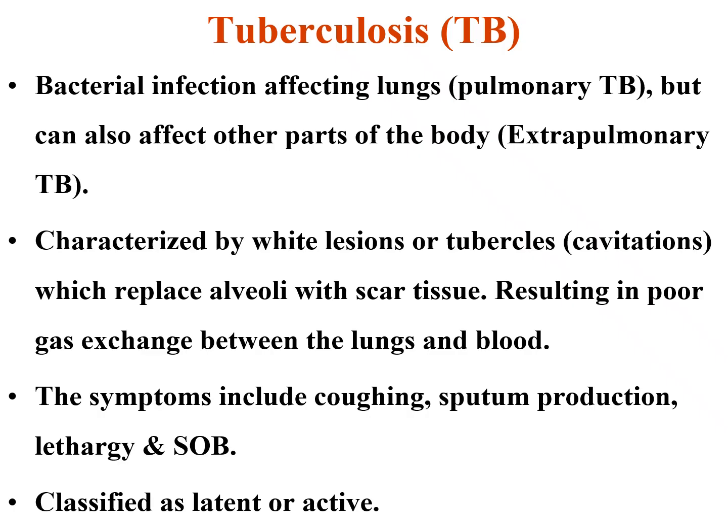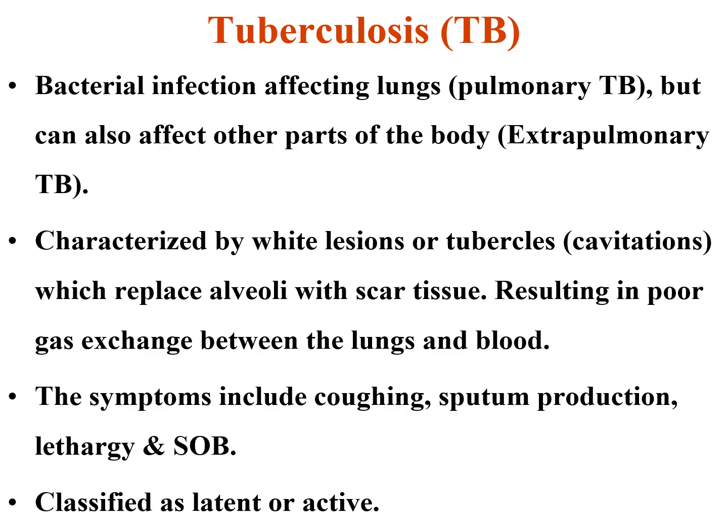It's characterized by these white lesions, what's referred to as tubercles or cavitations, and that's how the disease process actually gets its name, by these white tubercles, which can be observed on a chest x-ray. And these tubercles replace the normal alveoli where gas exchange takes place with now scar tissue. Now, in scar tissue, it's very difficult for gas exchange to take place.